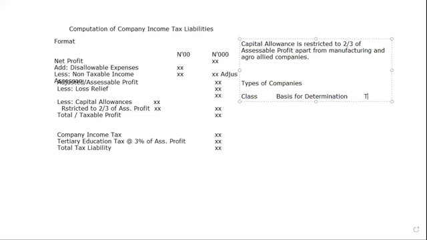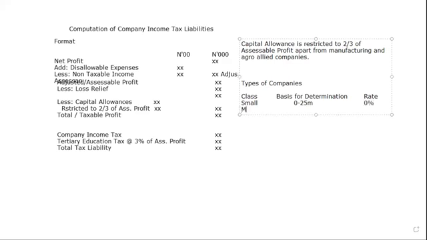And then we have the rates. We have small company. How do you know a small company? A small company is a company whose turnover is between 0 to 25 million. Where a company's turnover is between 0 to 25 million, it is a small company, and the rate for determination of company income tax is 0%.